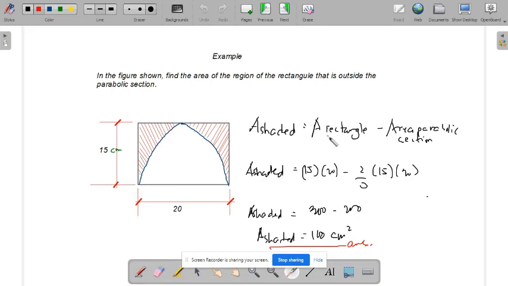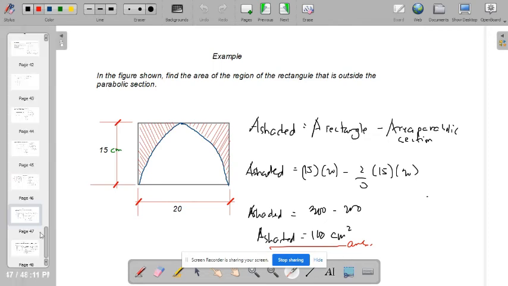First, let's compute for the rectangle. Rectangle is 15 times 20 minus the area of the parabolic section, which is 2/3 of 15 times 20. So A shaded is equal to 300 minus 200. That gives you 100 square centimeters.